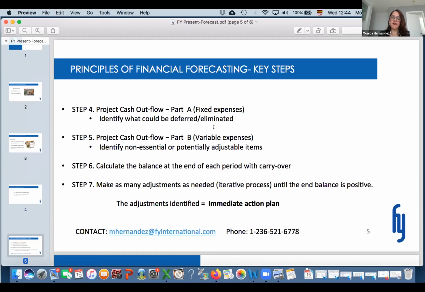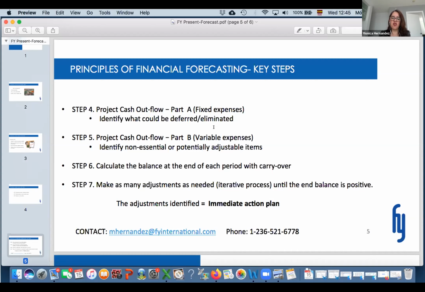You need to do a similar thing with your variable expenses, which are the direct costs linked to the products and services that you market. Also, you need to identify any non-essential or potentially adjustable items.